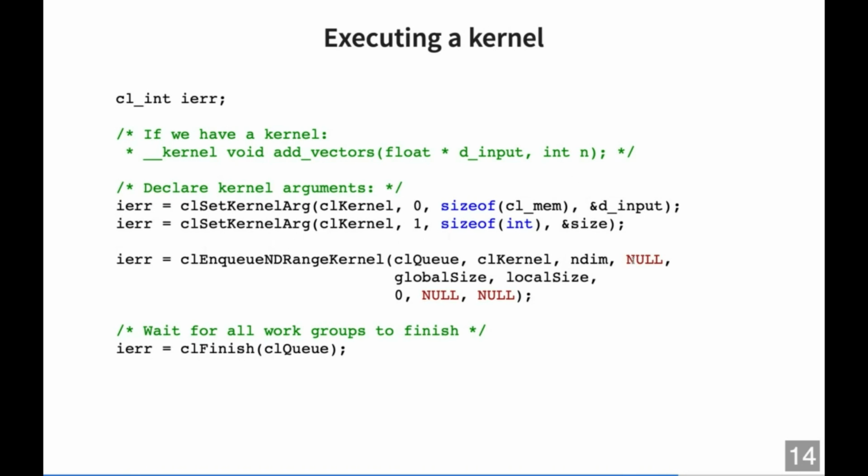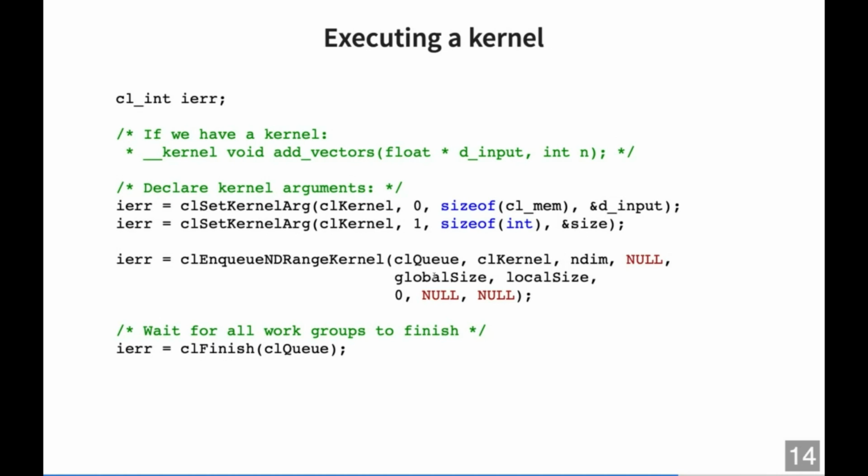The fourth argument, I think, is an offset for the starting position in the problem space, which can be 0 or NULL. The global size is an array, which is the Cartesian size of your problem, and the local size is this work group size.